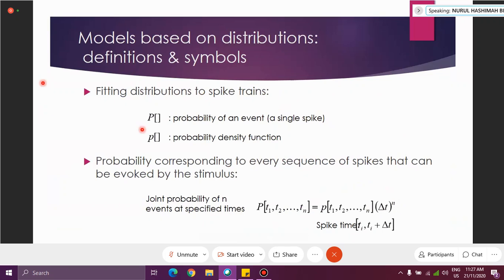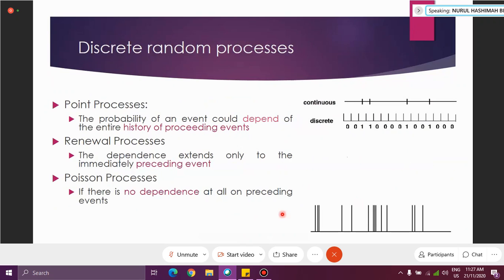What we measure is the probability of an event, a spike, and the probability density function comes from whatever method you use. The probability corresponding to every single spike that can be evoked by the stimulus is given by some equation.